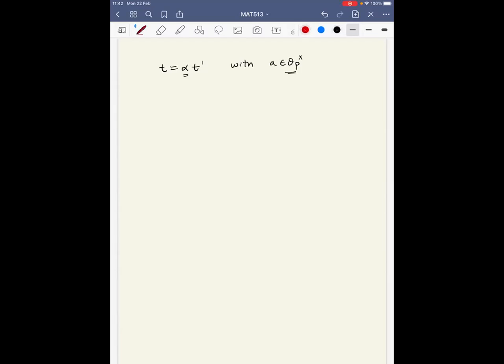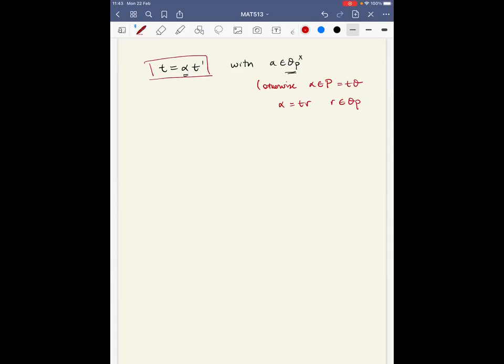Alpha should be a unit because otherwise, if it is not a unit, it is an element in the maximal ideal P. So we can write it as t times r with an element r in O_P.